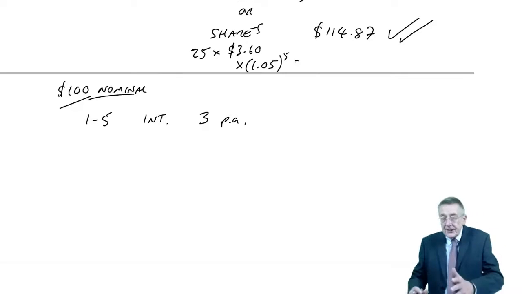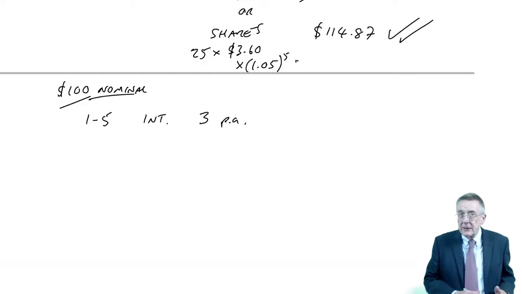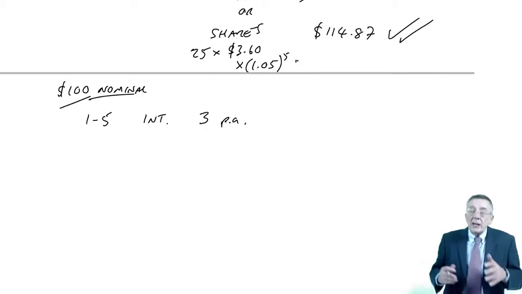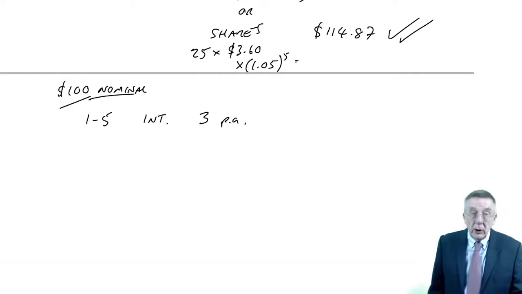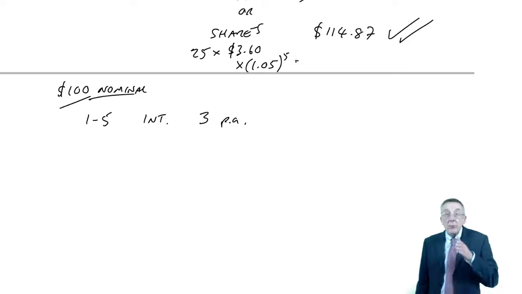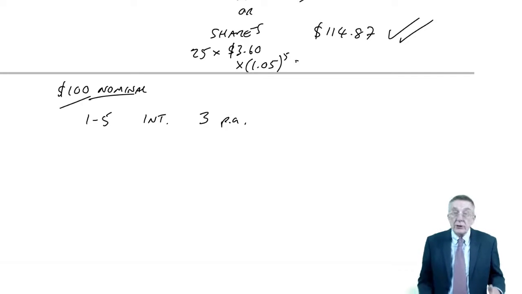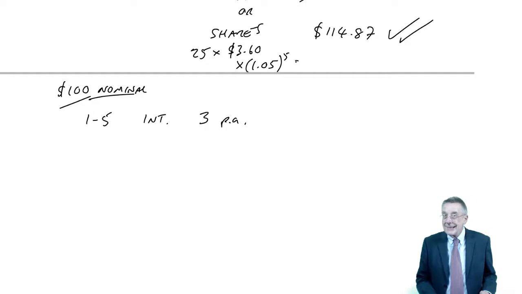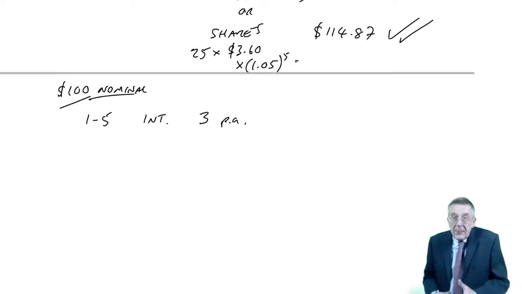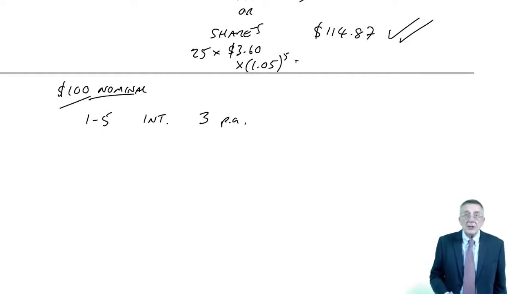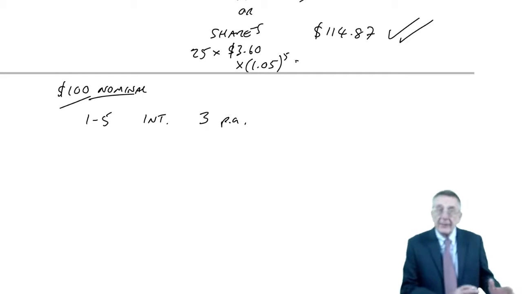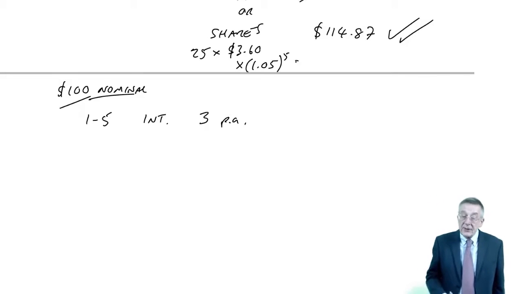Remember, it's investors who fix the market value, and so it's the receipt to investors. Investors aren't affected by corporation tax at all. They will receive the full interest of $3. It's the company who gets the benefit of tax relief on interest, but that's irrelevant. For the investors, they'll get the full $3.